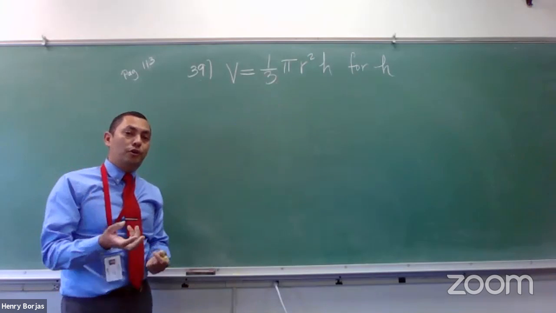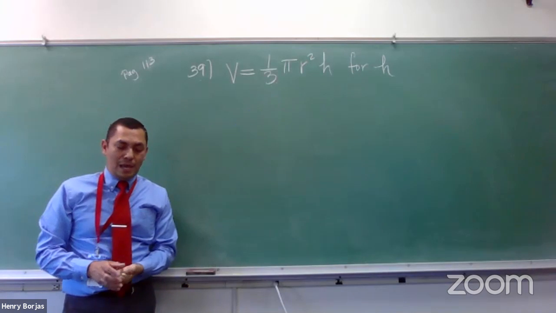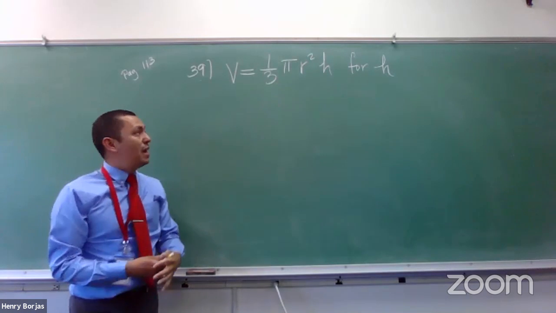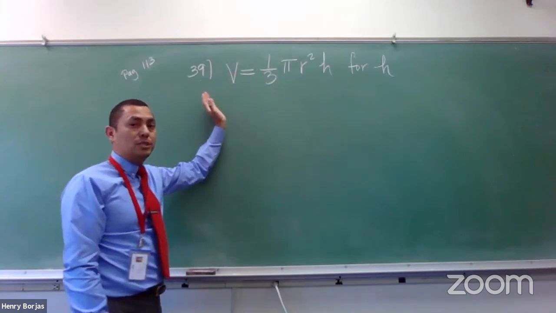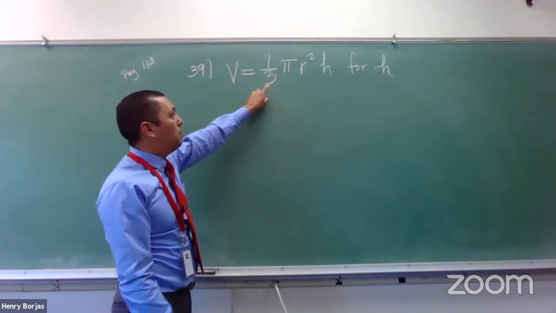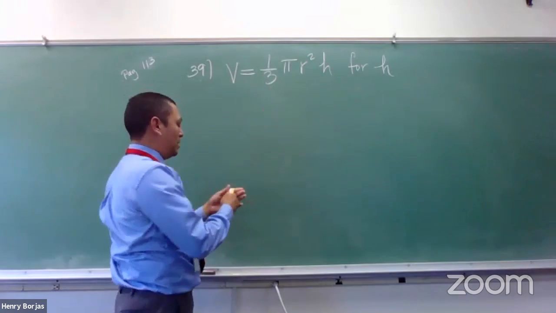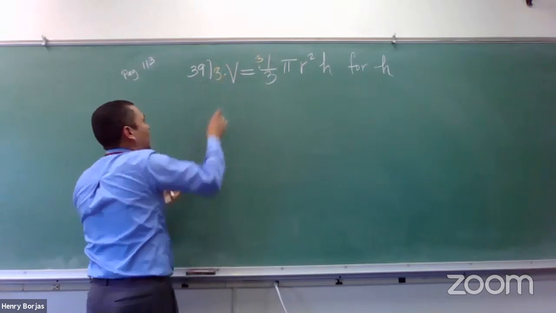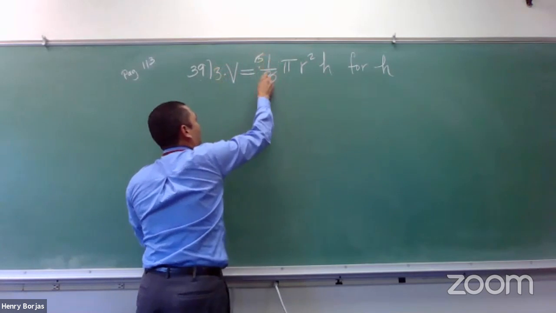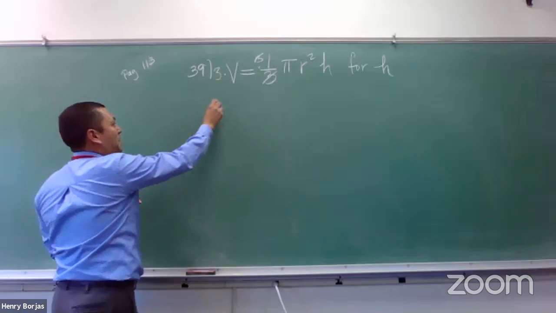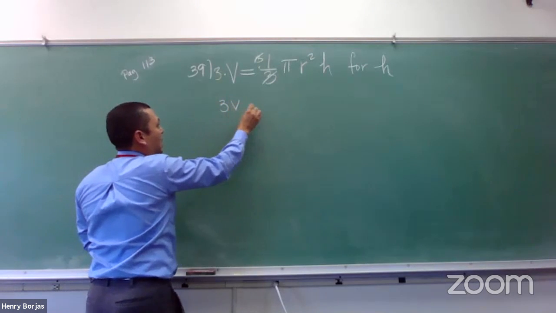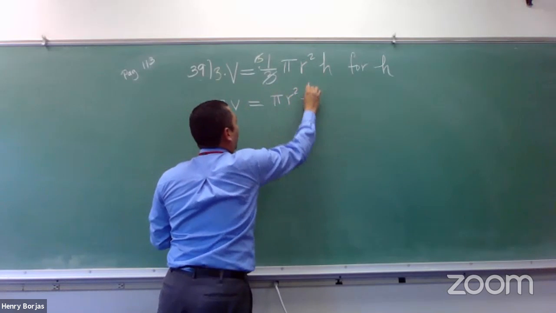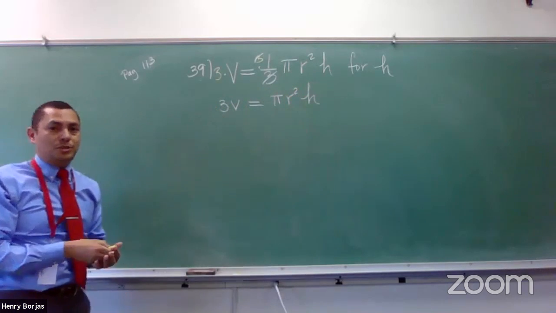As we learned in the previous section, 2.1, I think, a one-step equation, when we had fractions, we multiply both sides of the equation by the number that is in the denominator. So in this case, I'm going to multiply times 3. So this one goes away, and I have 3V equals pi radius squared times h.